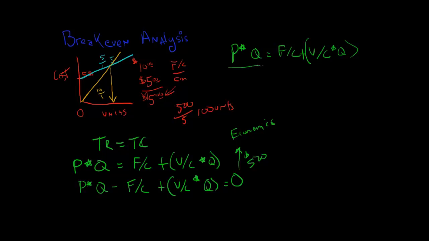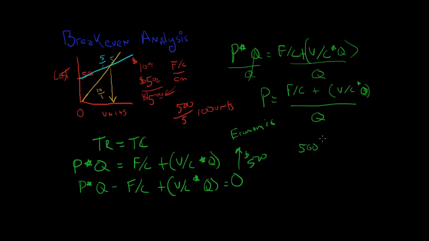And if I divide through by Q, I get my P. My P would be my fixed cost plus my variable cost times Q, divided by Q. And if I do this problem again, looking for the price, my fixed cost was $500 plus my variable cost, which was $5, times how many I was selling.